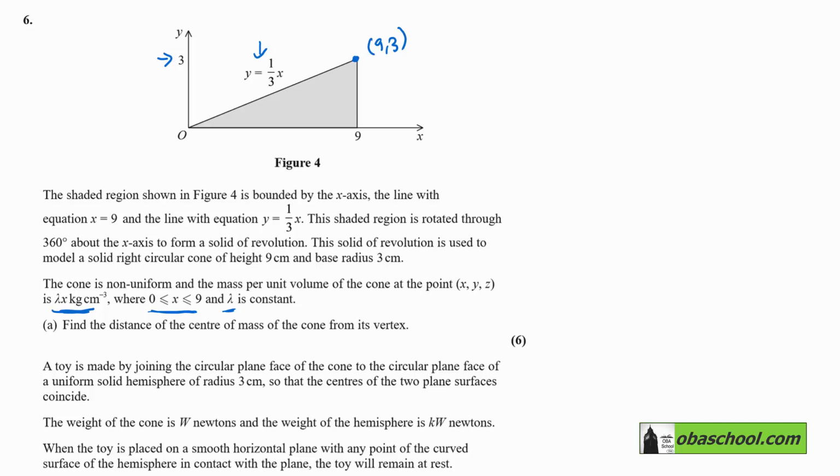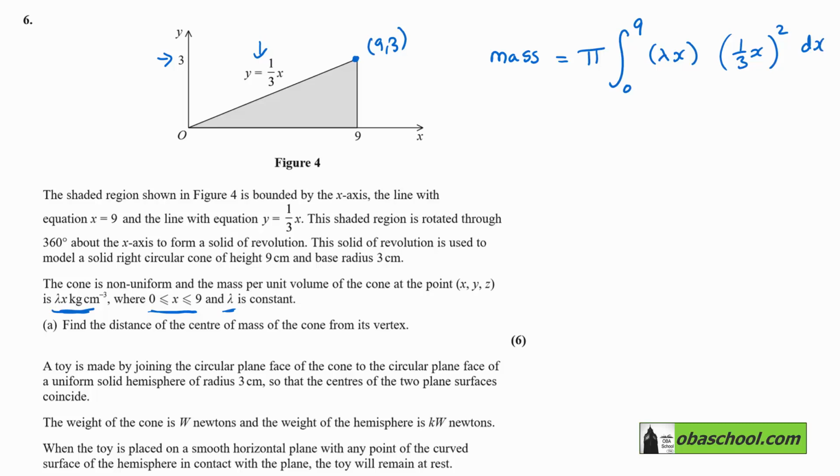Part A is find the distance of the center of mass of the cone from its vertex. So the first thing I want to deal with here is the mass. Now that is going to be pi times the integral from 0 to 9, so along the height, of lambda x times (1/3 x) squared dx.